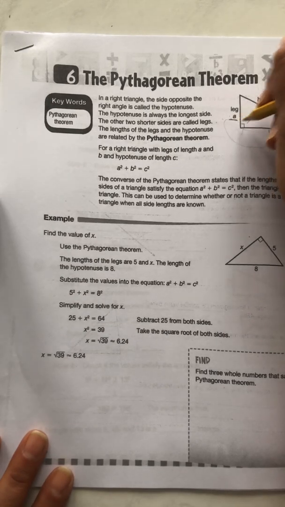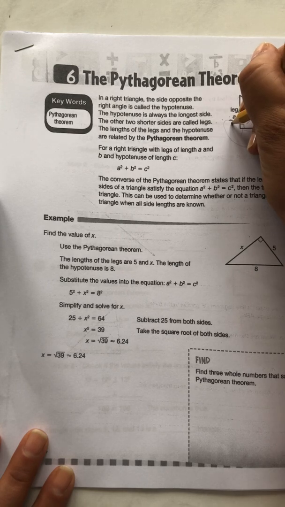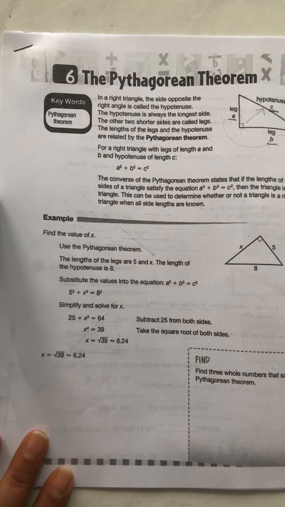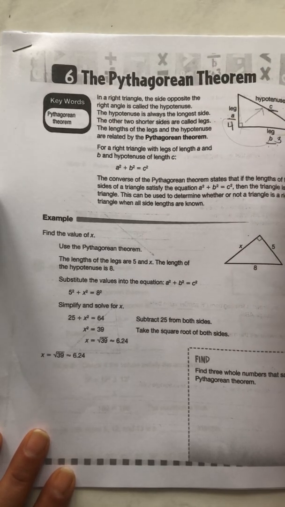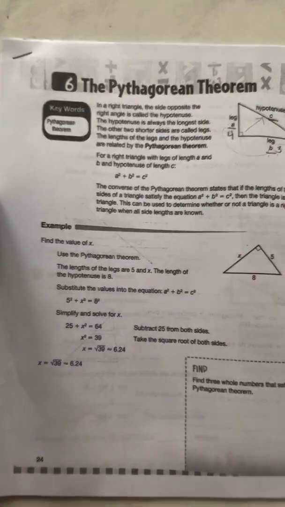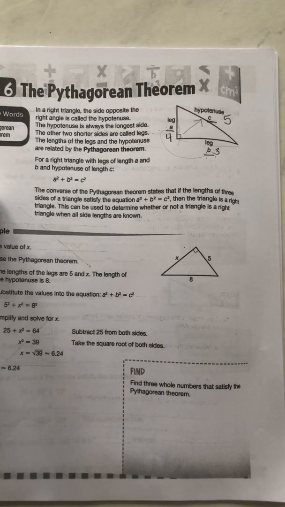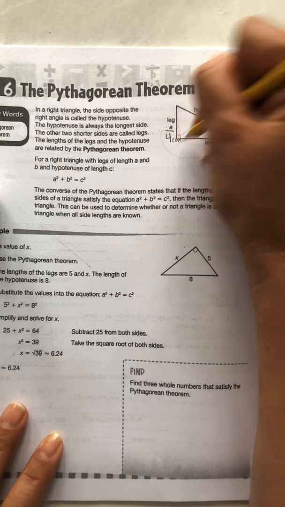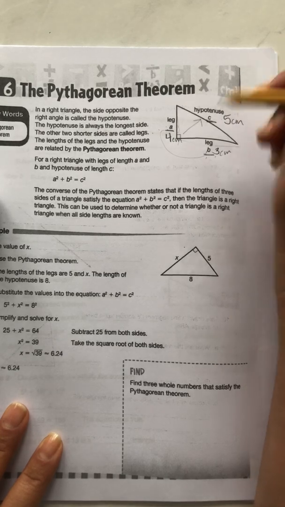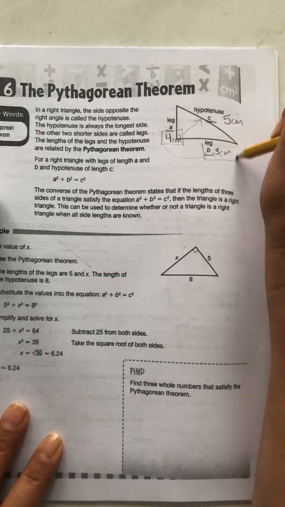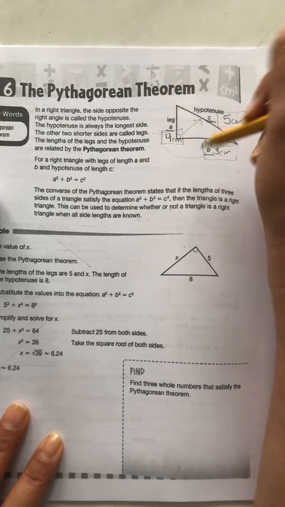So for example, my favorite one is 4, 3, and 5. If leg A is 4 and leg B is 3 and the hypotenuse is 5, let's say centimeters. If I didn't know one of these, I could figure it out by using the Pythagorean theorem.